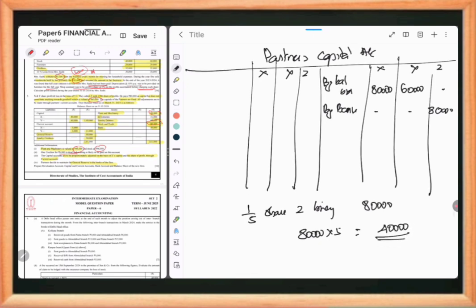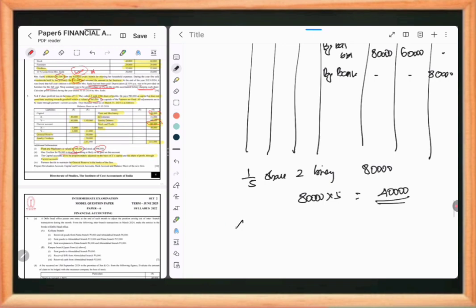4 lakhs should be the capital, with the new profit sharing ratio of X, Y, Z being 5:3:2. So for X, 4 lakhs into 5 by 10, that is 2 lakhs. So X's capital should be 2 lakhs.